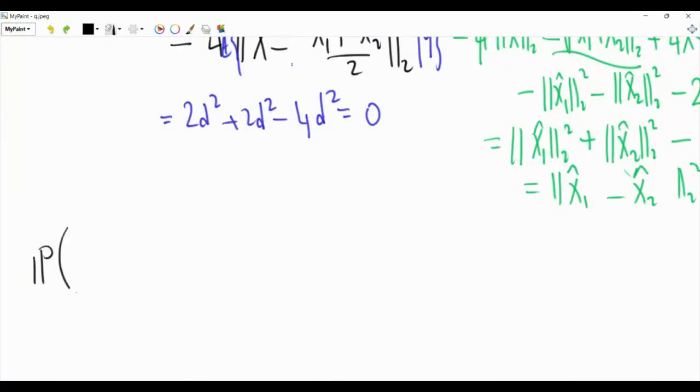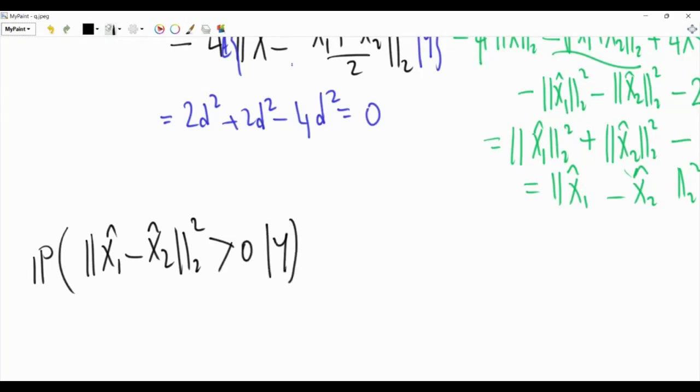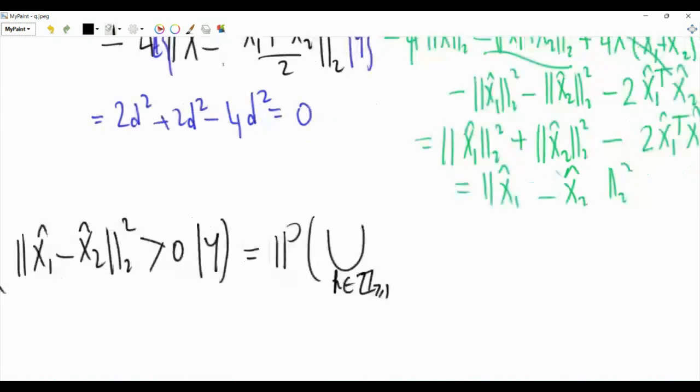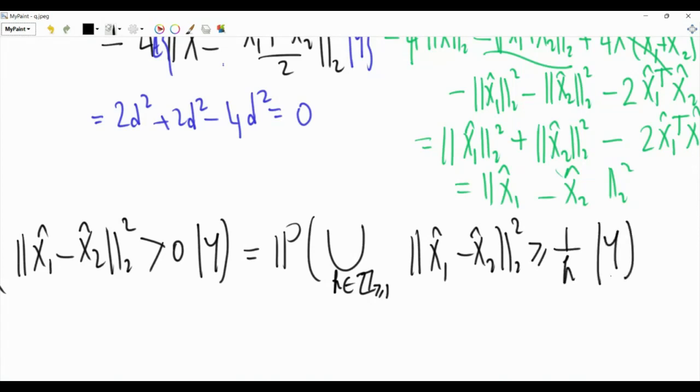Now let's study the probability of the event that the L2 norm squared of x1 hat minus x2 hat is strictly positive given y. This is equal to the probability of the union over k, a positive integer, of the event that the L2 norm squared is greater than or equal to 1 over k.